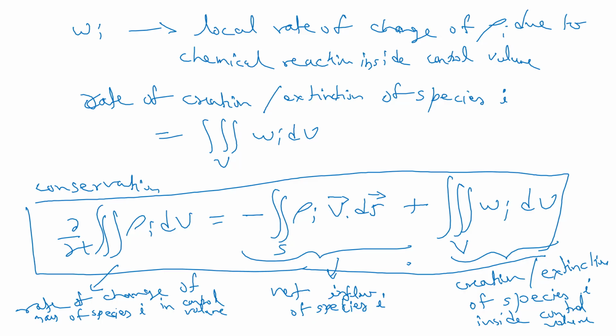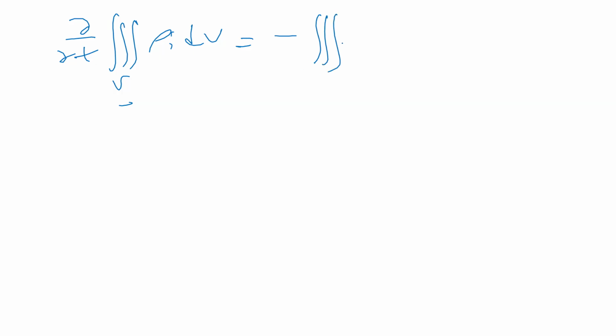If we use the divergence theorem here, for the time derivative of triple integration rho I dV equal to, if we use the divergence theorem on the first term on the right hand side, it will become triple integration del dot rho I v dV plus triple integration w I dV.